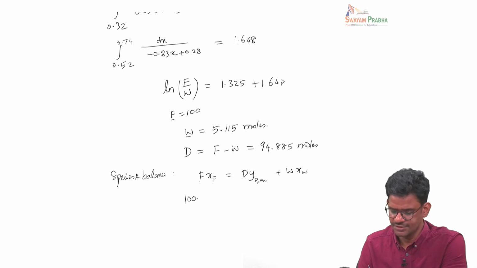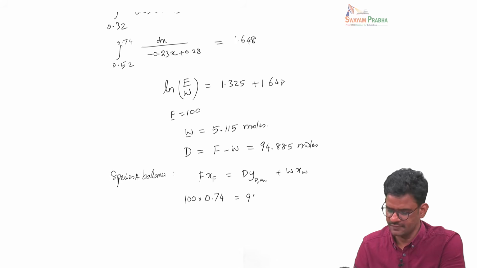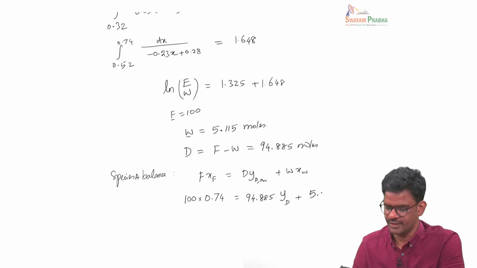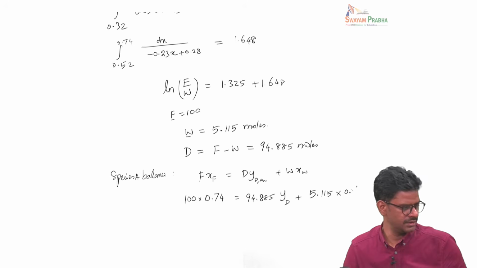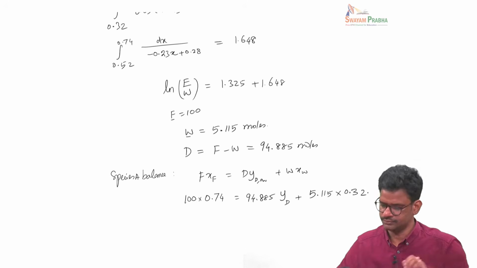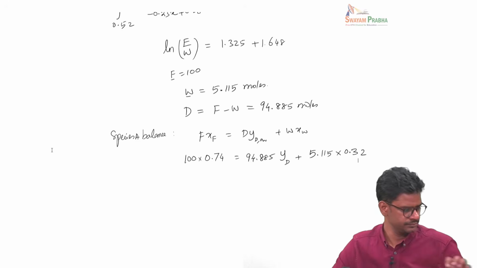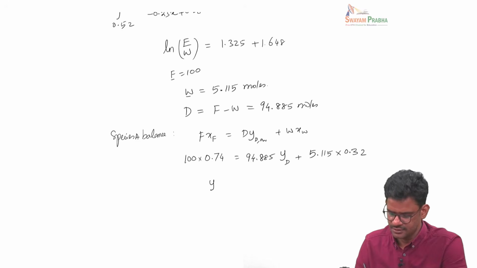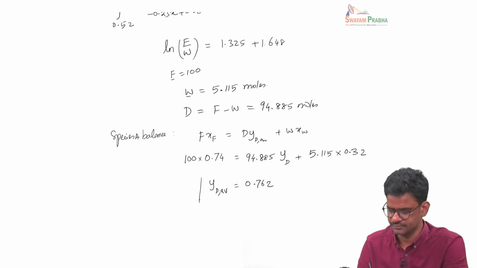So, F is 100 moles, XF is 0.74, D is 94.885, YD is unknown, W is 5.115 moles and XW is 0.32. Solving this, you will get YD average as 0.762.